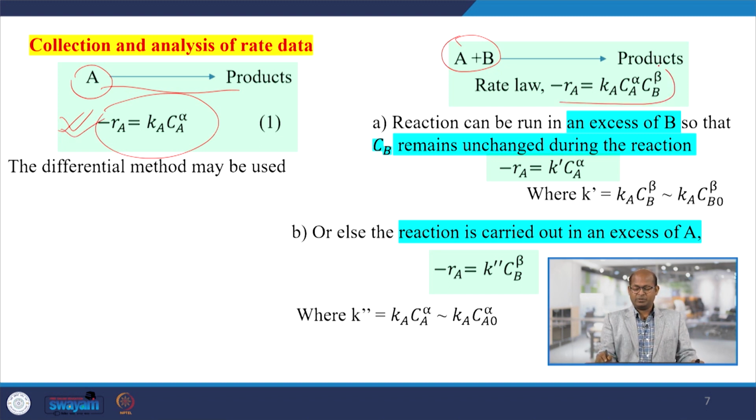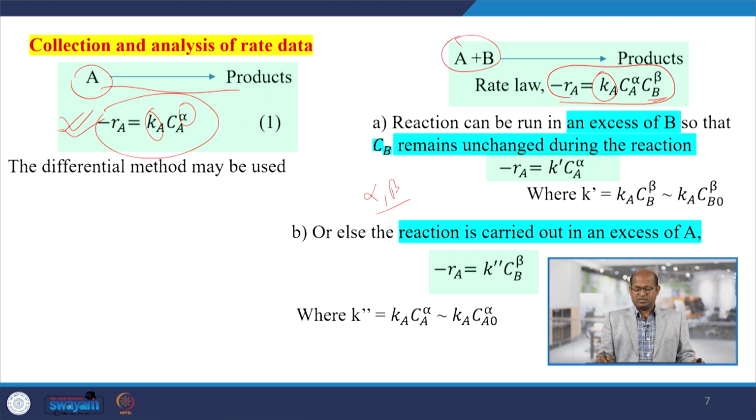Then the rate law we can say like this: minus r equals k_A C_A to the power alpha C_B to the power beta. Here alpha and beta are the orders of the reaction with respect to A and B, and k_A is the specific reaction rate. Consider A plus B going to product.